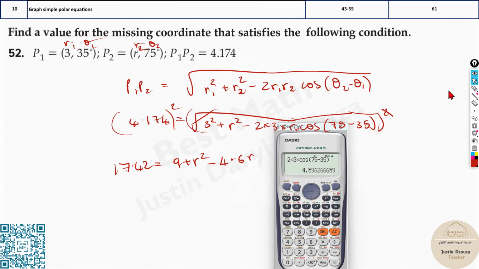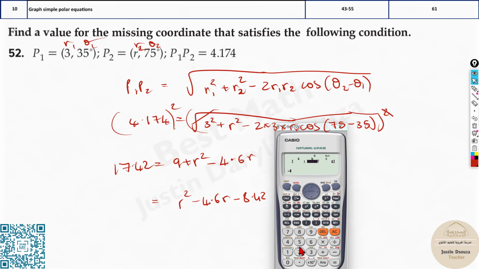Hope that's clear. Now, before we finish off, this is now looking like a quadratic equation. You can see there's r squared minus 4.6r. Get this 17.42 to the other side, and 17.42 minus 9 will be minus 8.42. So now we just go to mode 5 and 3. This is quadratics. What is before x squared or r squared here?